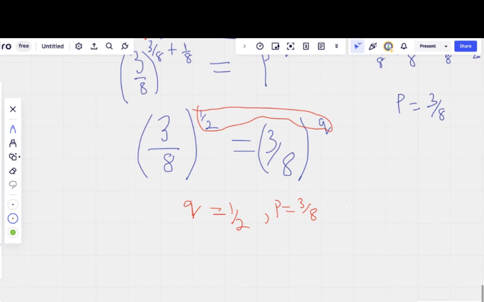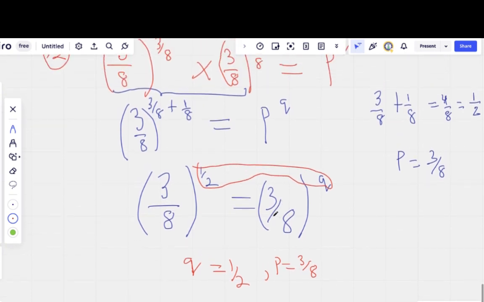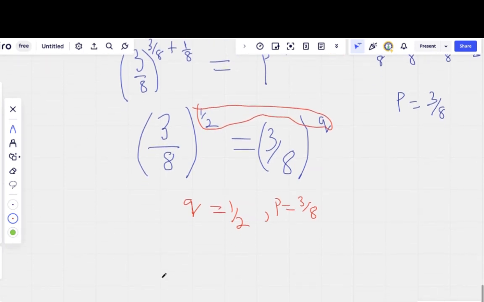And even if you say, okay, let's keep the P in another note. Let's say we write it like this, the way it is: 3 over 8 raised to power 1 over 2. We want to keep the P, equals P to the power of Q, right?